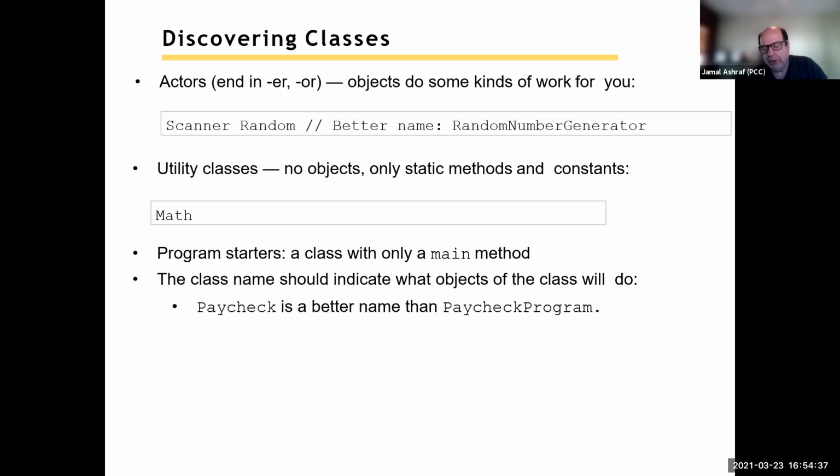So, paycheck program: some of you might think of it as my program, but I'm focusing on the class and I'm not going to call it paycheck class. I'm just going to call it paycheck. So paycheck is generally a class that's going to handle the paycheck.